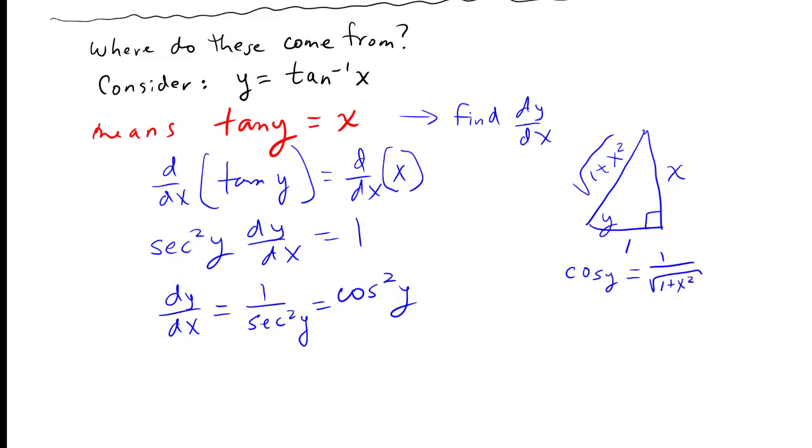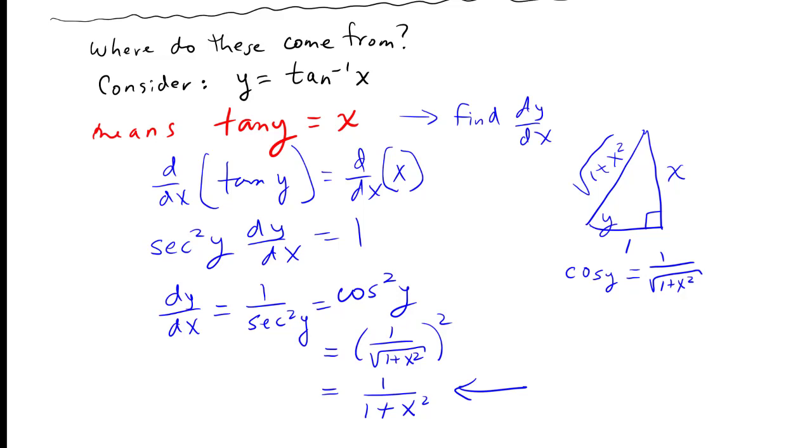So now if we go back to our derivative, we see that cosine squared y would be 1 over the square root of 1 plus x squared, all squared, hence would be 1 over 1 plus x squared, and there you go. There's our derivative of inverse tan.